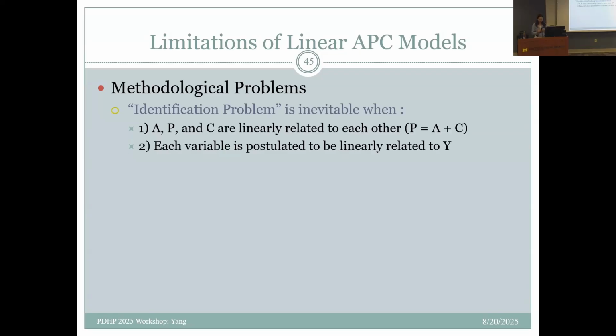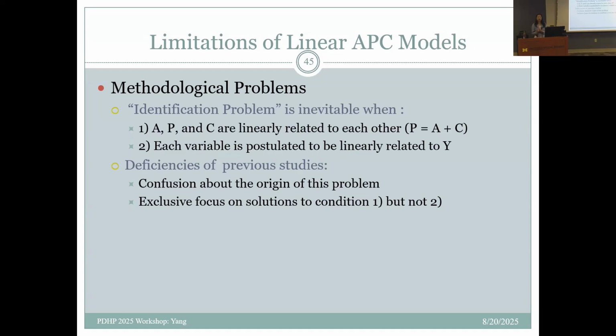Now, linear models dominated APC analysis for so long that researchers took them to be the only models that can be used and seldom think about their deficiencies. So there's confusion about the origin and nature of the problem, thinking that it is inherent in any APC analysis because the A, P, and C variables are always exactly linear.